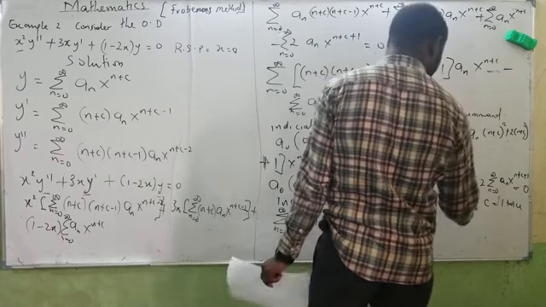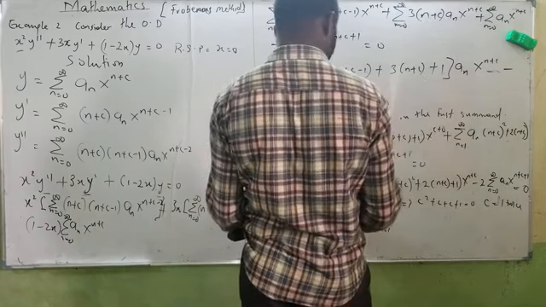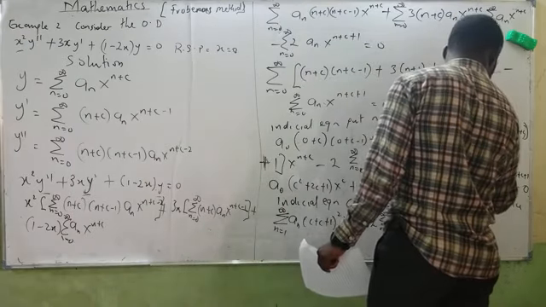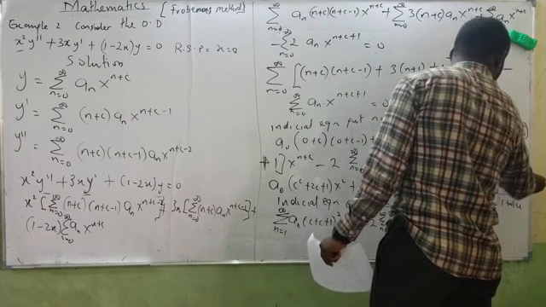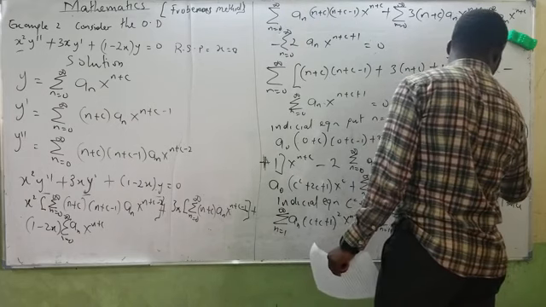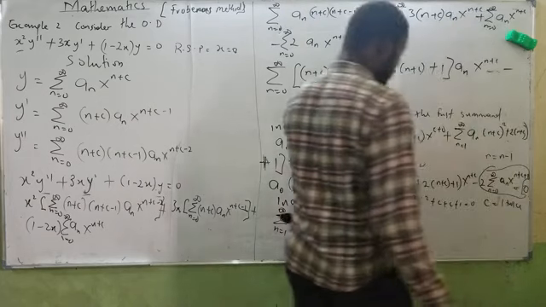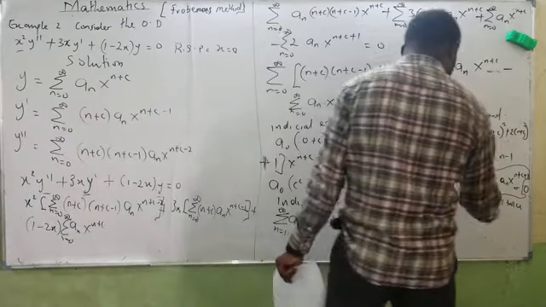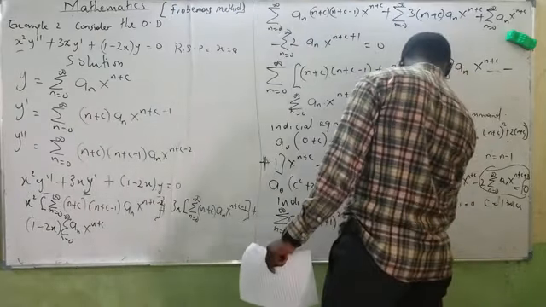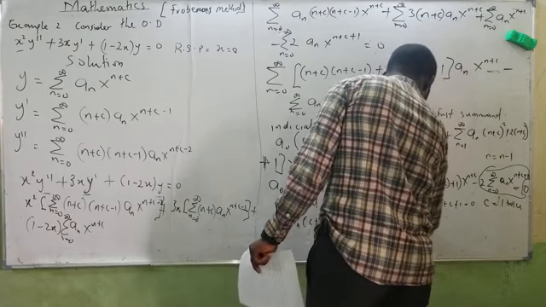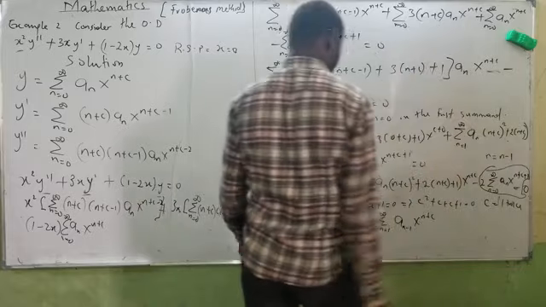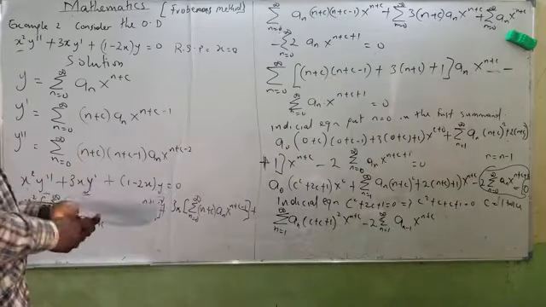It means I'm just saying that my n will be equals to n minus 1. That's what I'm doing in the second summand in order to shift it. Now, it means I'll be having a of n minus 1 x to the n plus c. 1 will nullify that one. That is equals to 0.